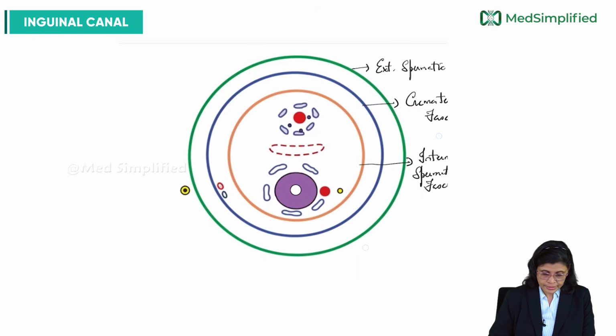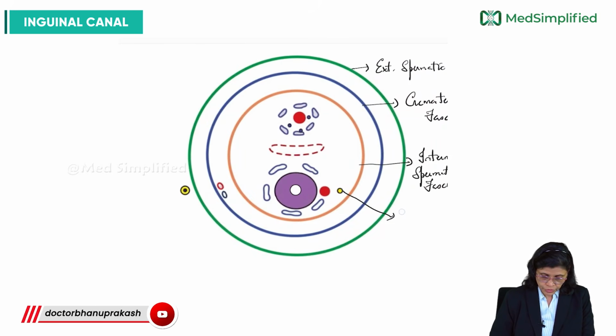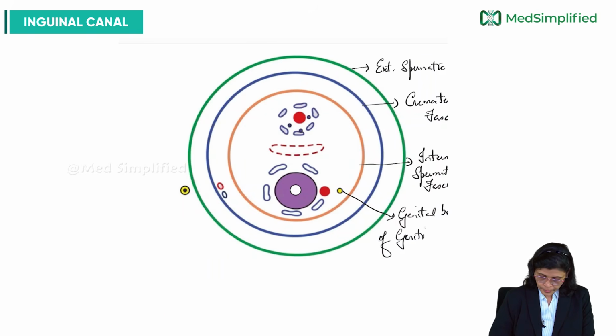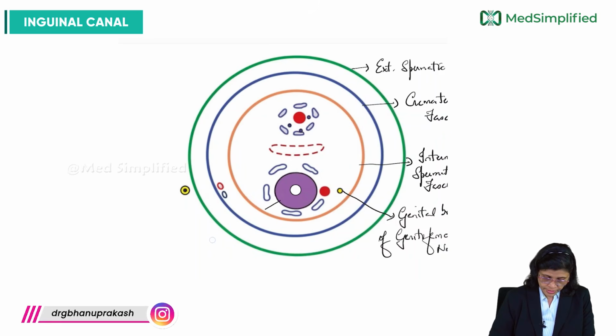And in the transverse section, when we see the contents, we have the genital branch of the genitofemoral nerve, then we have the ductus deferens.